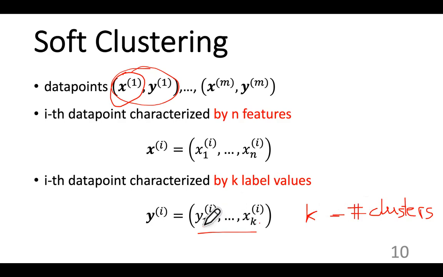So for each potential cluster, this is a typo here. This should be, of course, y. Need to correct that. We have a degree of belonging, and this y1i is the degree of data point i belonging to cluster 1, and yki is the degree of data point i belonging to cluster k.